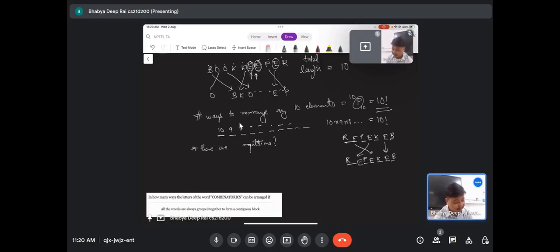This word means the same thing, and this word means the same thing, but the permutation counts for it. The permutation counts this also and counts this also. We do not want that, and this is what is called over counting.